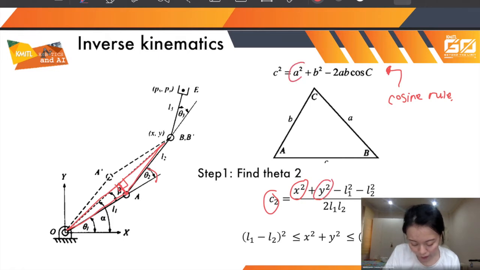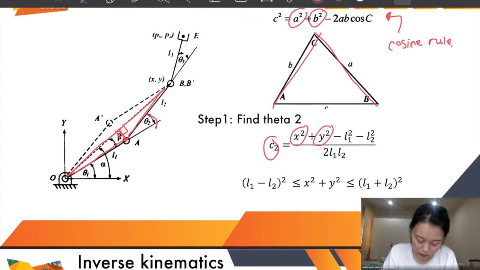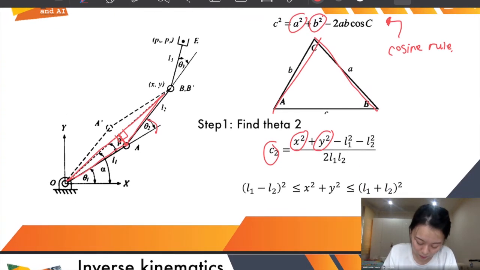X squared plus y squared is a squared plus b squared, minus L1 squared minus L2 squared, over 2 L1 L2. And it's the same range. The xy has to be in the length of L1 minus L2 to L1 plus L2.